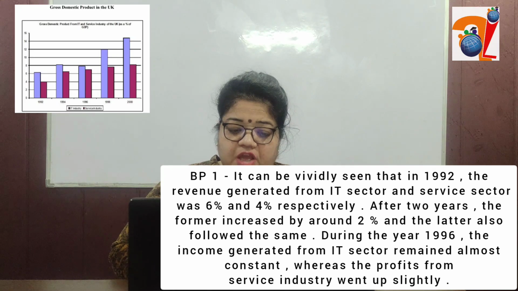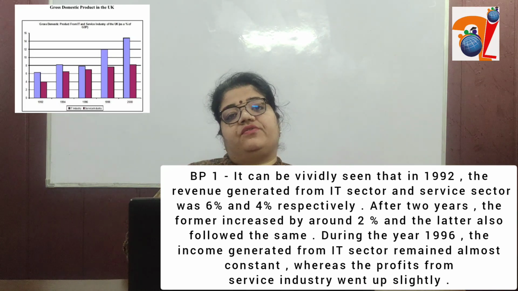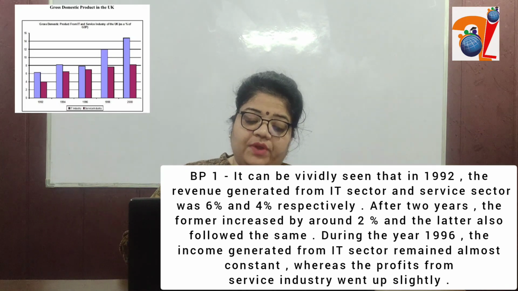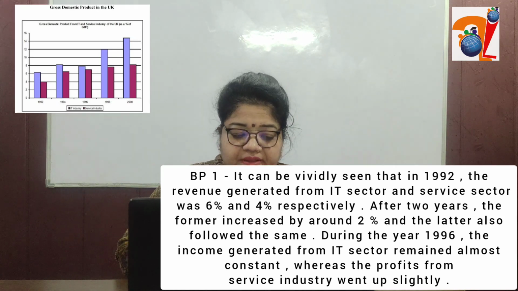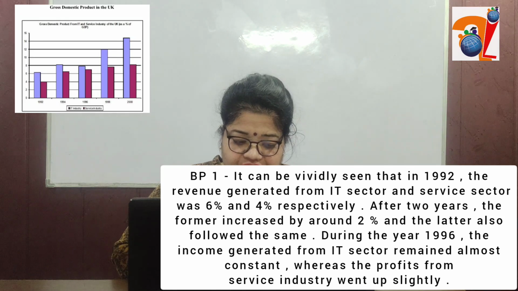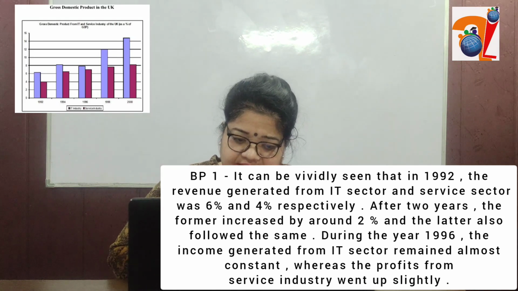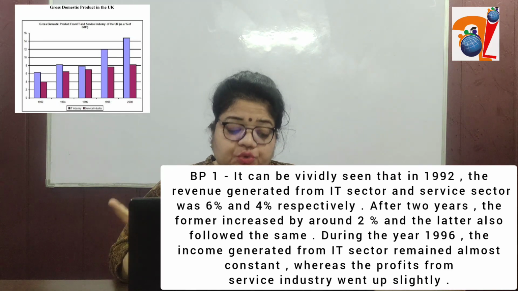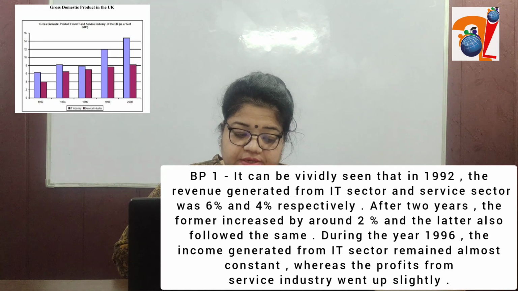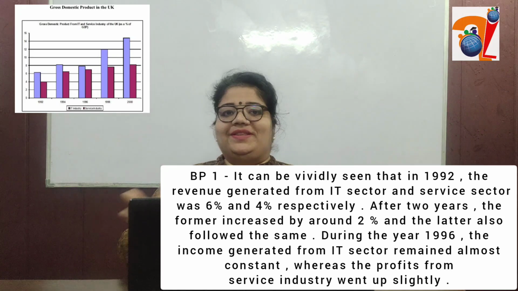After 2 years comes 1994. So instead of writing 1994, we have used after 2 years. The former means the one we have mentioned first, that is IT sector. The former increased by around 2%. Look at the percent, and the latter also followed the same.